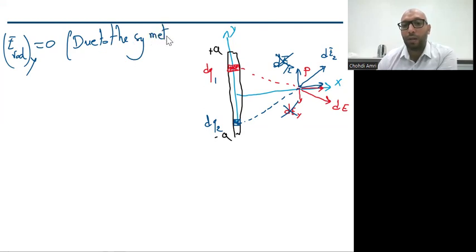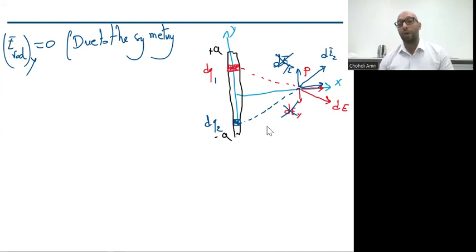Any point from the upper half of the rod produces an electric field. At the same time, there is another electric field produced by the lower half of the rod, where the two electric fields have two components.